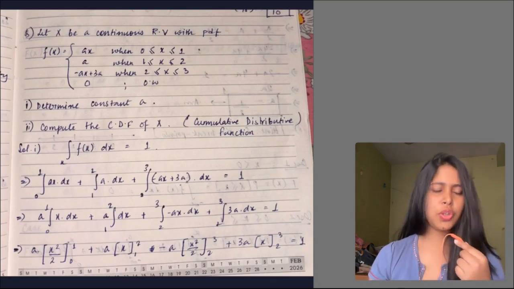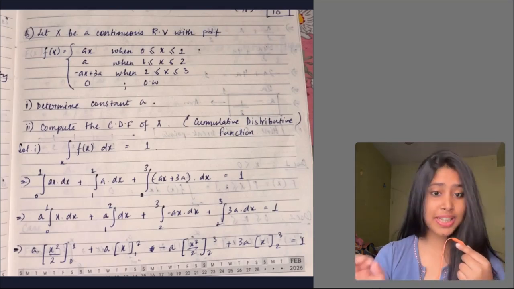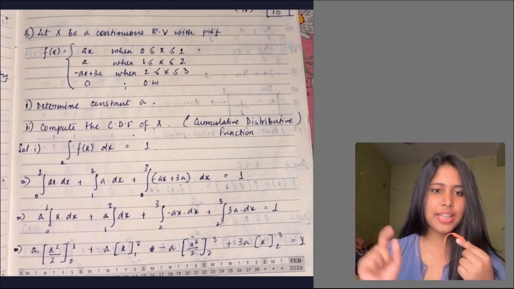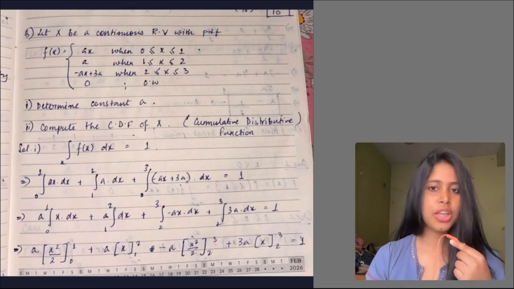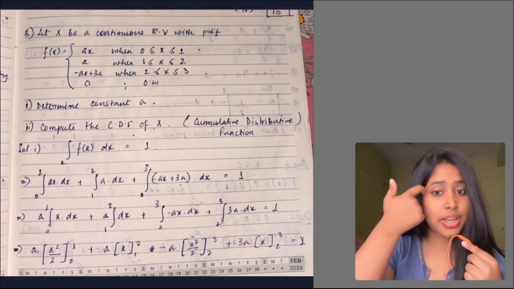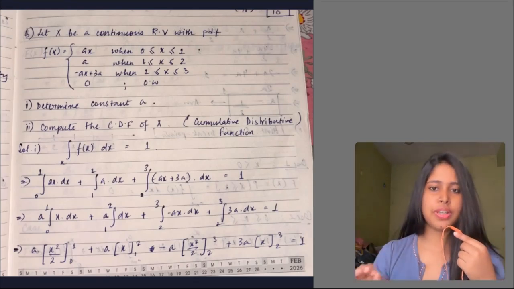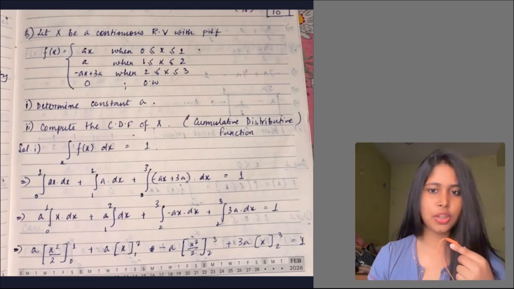So here the key takeaway is that the integration, the total area under the curve, is equal to 1. So what is the first line here? Integration of fx dx over the whole range equals 1.